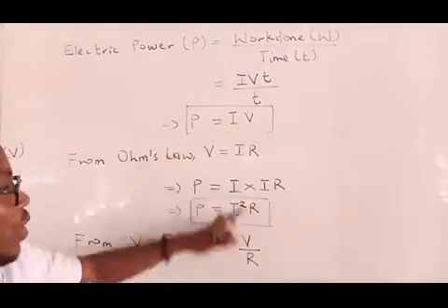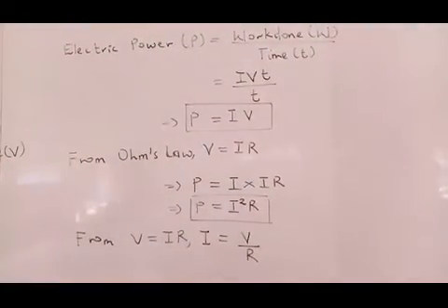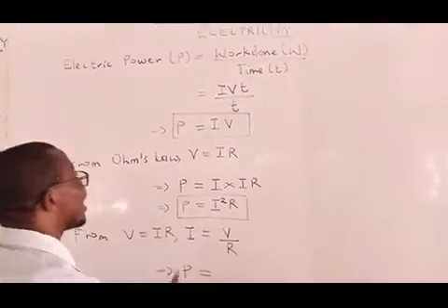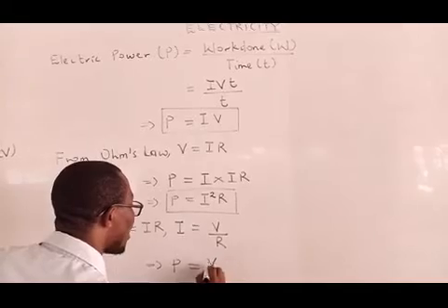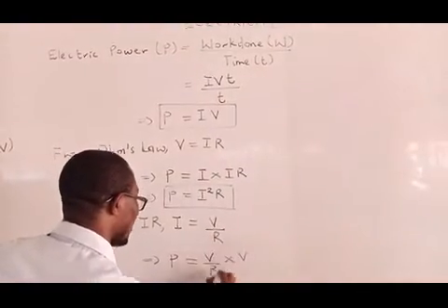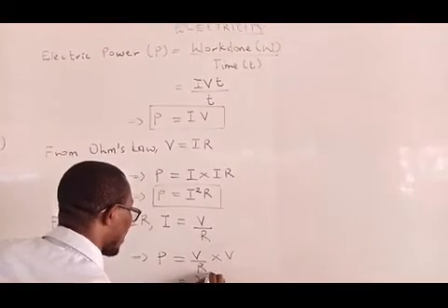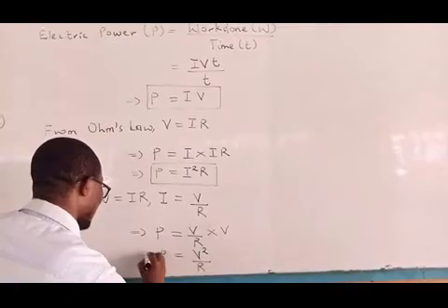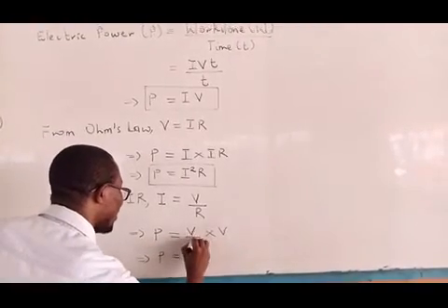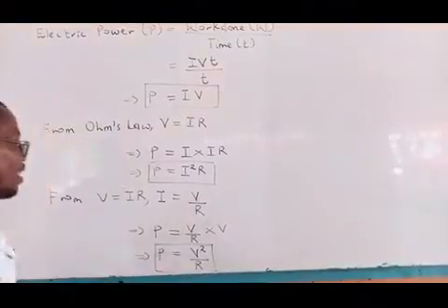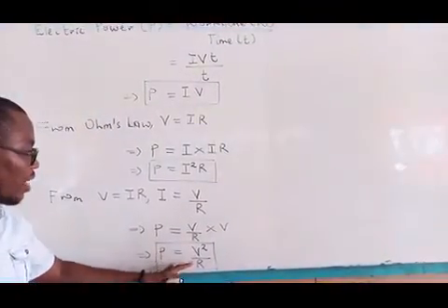In place of I, we put V over R. When you do that, your power becomes V over R, times the V, and that gives V squared over R. So this is another relation for power, in terms of voltage and resistance.